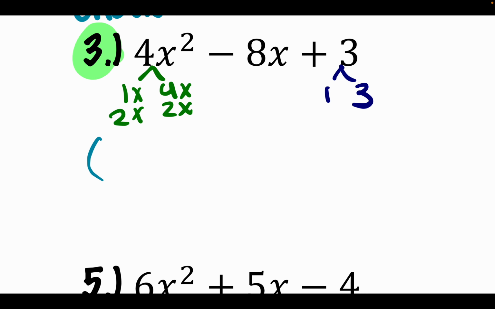Then in our parentheses, we know that our x's are going to go here. So we need to get to 8. So if we think about it, I'm going to try the 2x and the 2x.